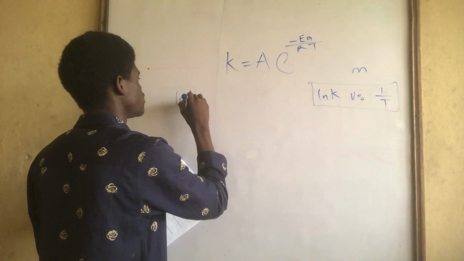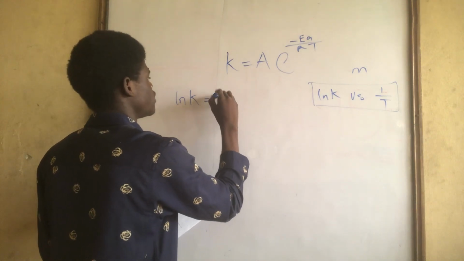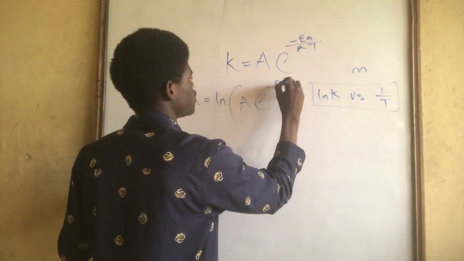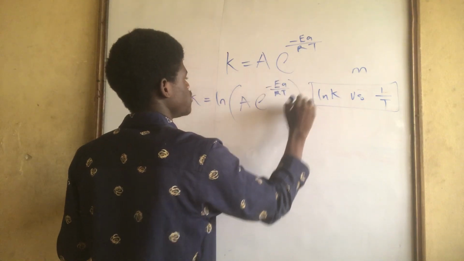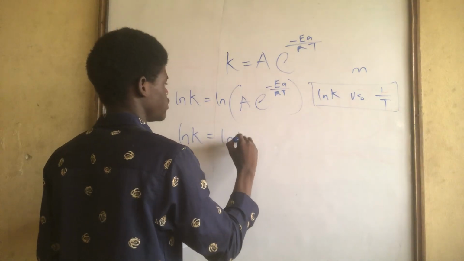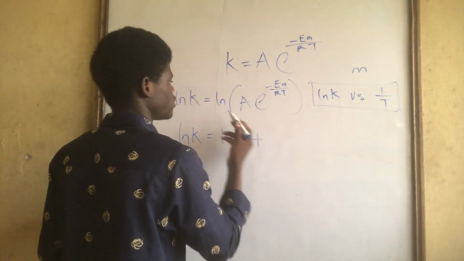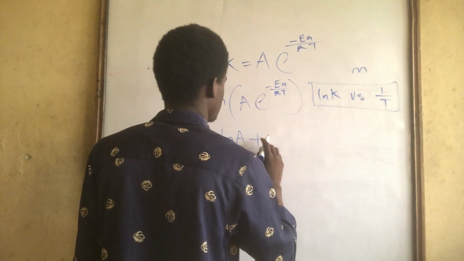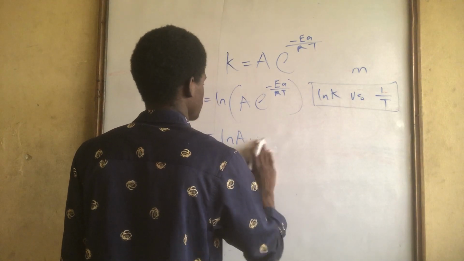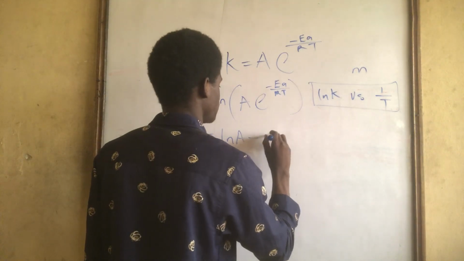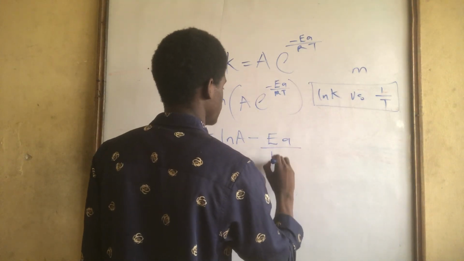We have ln K is equal to ln A exponential minus Ea over RT. So ln K is equal to ln A plus the natural log of the exponent, which will cancel out each other. So it's now plus minus Ea over RT, which is also minus activation energy over RT.